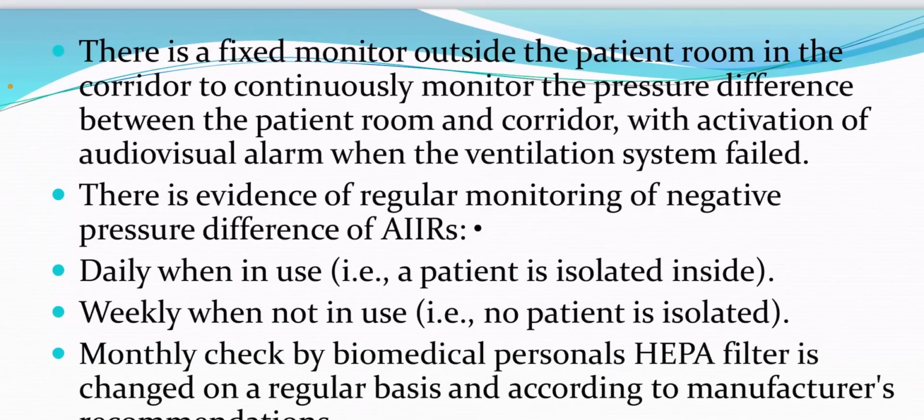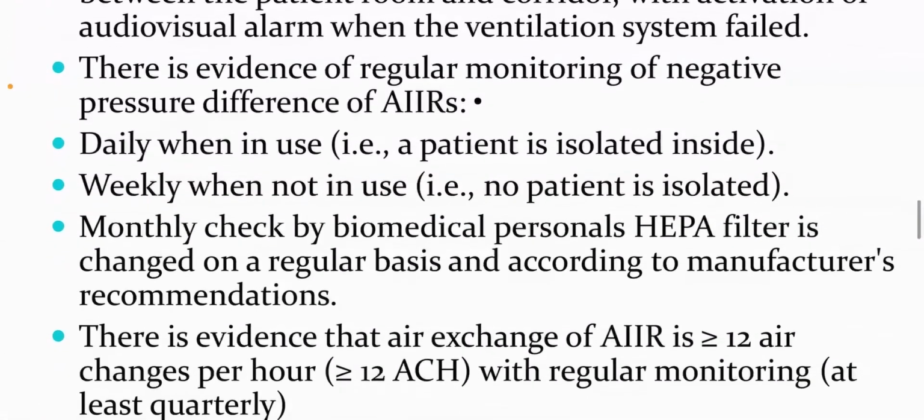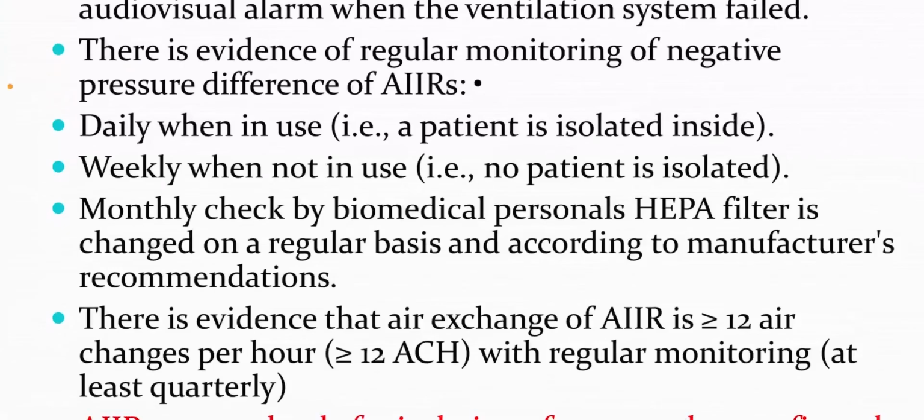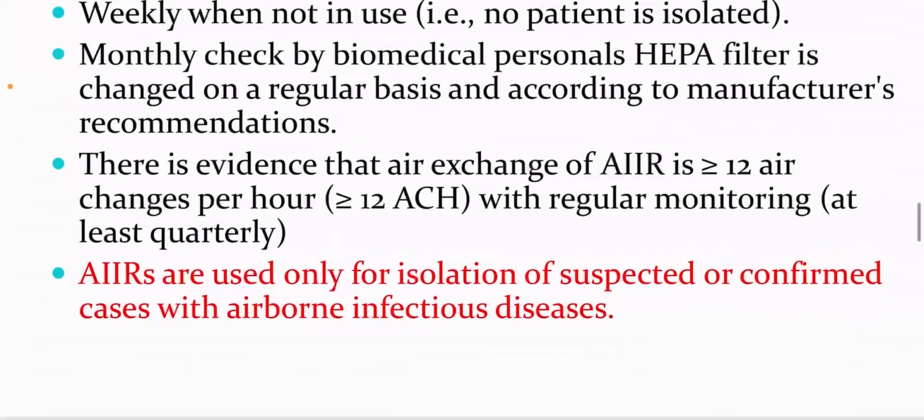There is evidence of regular monitoring of negative pressure difference of airborne isolation rooms. How will you monitor the negative pressure room? Daily when a patient is inside the isolation. Weekly when not in use, that means no patient is isolated. Monthly check by biomedical personnel. HEPA filter is changed on a regular basis and according to manufacturer's recommendations.